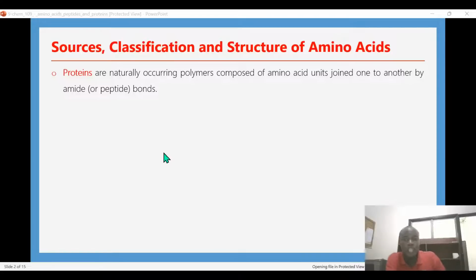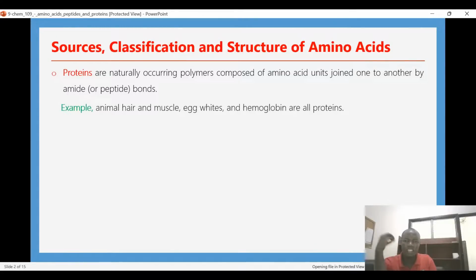So when these amino acids are used in building the proteins, you need blocks, and the blocks are the amino acids, and these blocks are joined by what you call a peptide bond. A peptide bond is the bond used in joining the amino acids together.